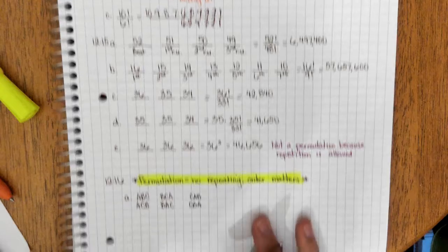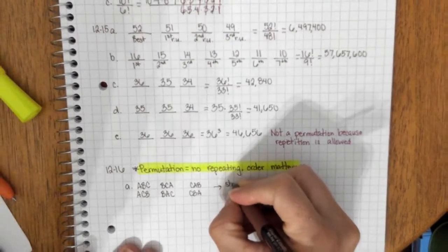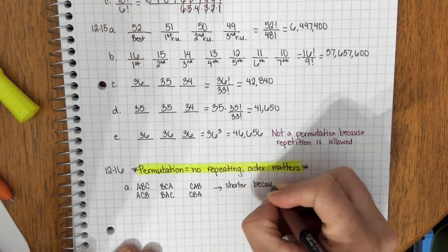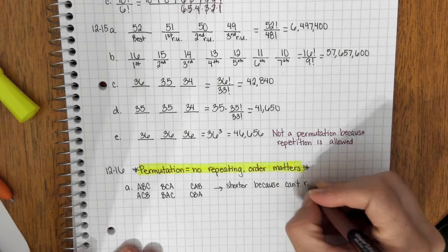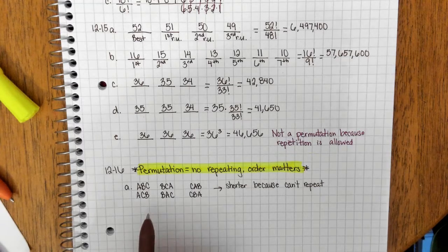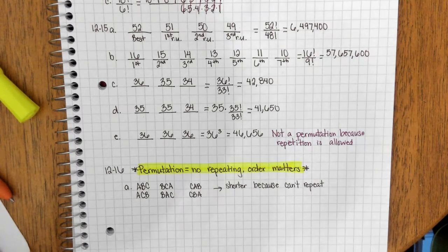So this list here is shorter because we can't repeat. So this would be a permutation because we're not repeating, and order matters. It matters how they line these up.